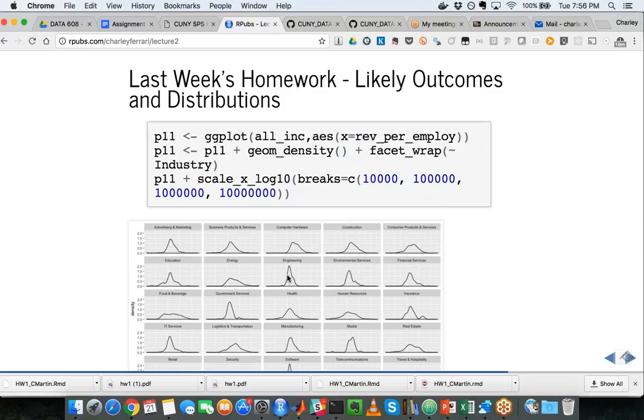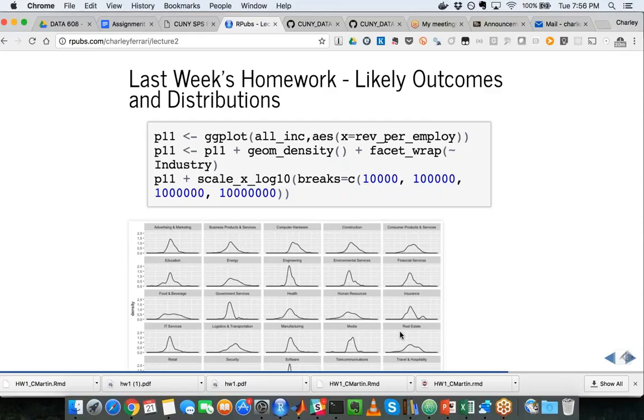Here you get more of an idea of what the shape of the distribution is. For this, it definitely wasn't necessary, but this is just a way to show other ways that you could look at distributions. This gives you some additional information.